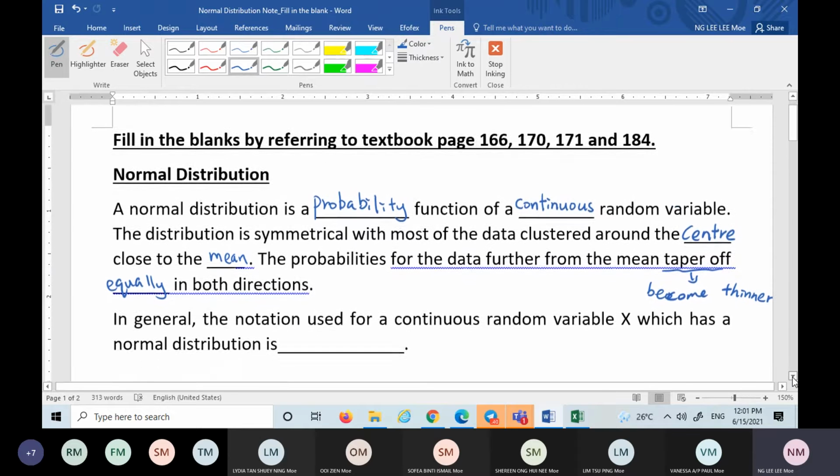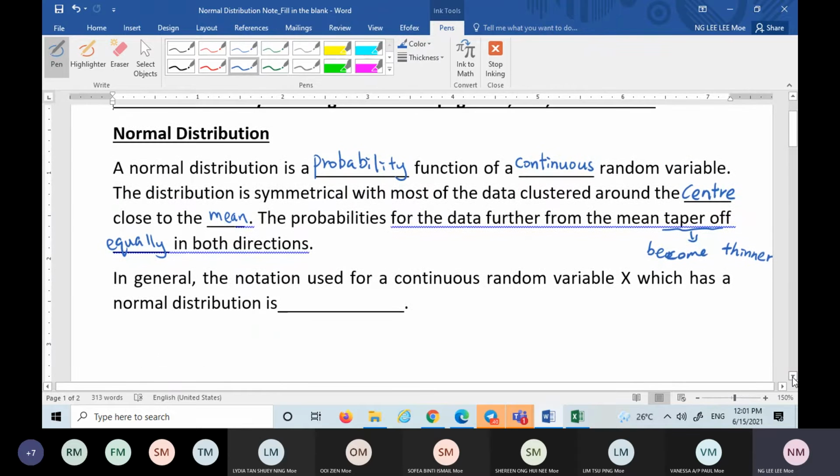Okay, then we go to next. In general, the notation used for a continuous random variable X which has a normal distribution is, okay, this one may be difficult for you to answer, so I will write down the answer. We write X, and then N stands for normal distribution, same thing like your binomial distribution, followed by a bracket, and in between is a comma. The first one is mu, which is the mean.